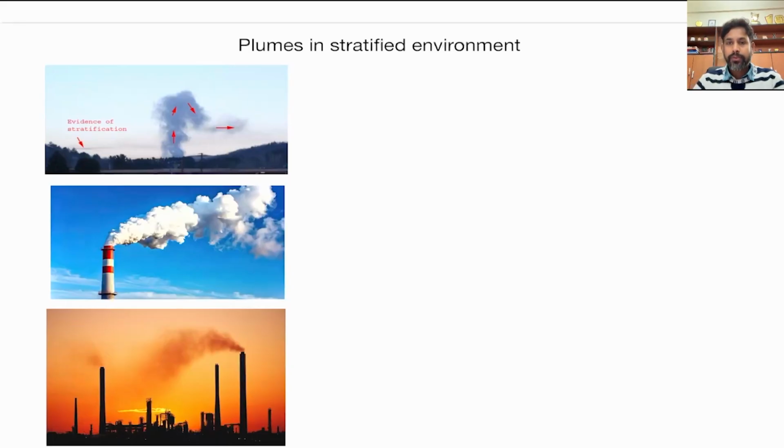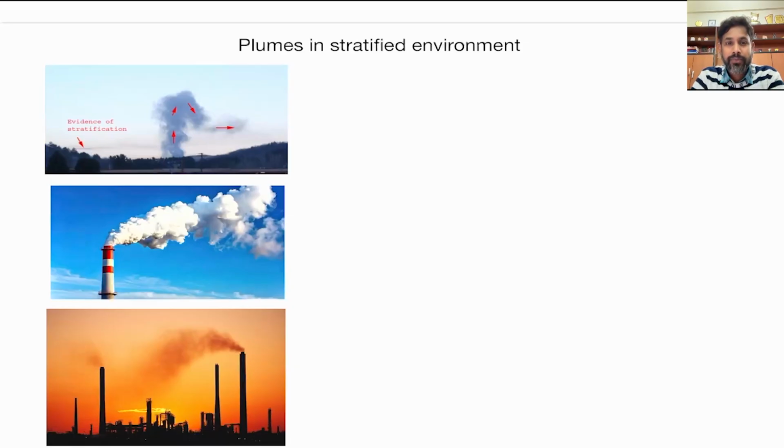So let's first try to understand what a stratified environment is, which we have already seen in the introduction, but we will quickly revise what exactly it means and how it affects plume flows. You can see a few images here which I found from Google, and the plume shape looks quite different from what we have studied so far, right?